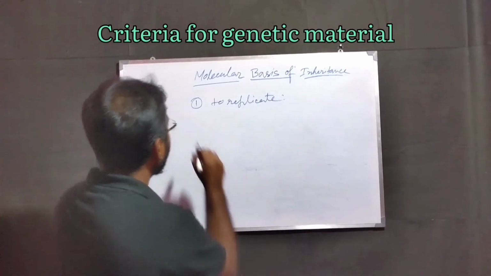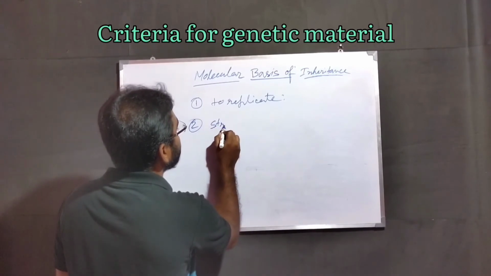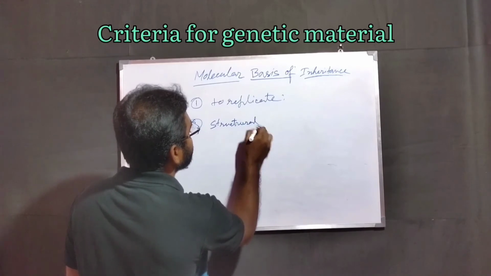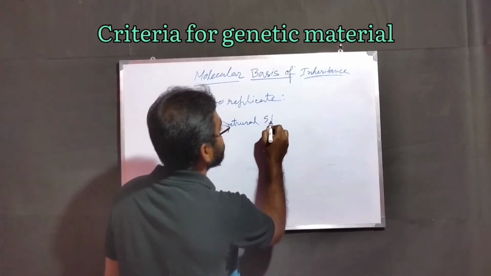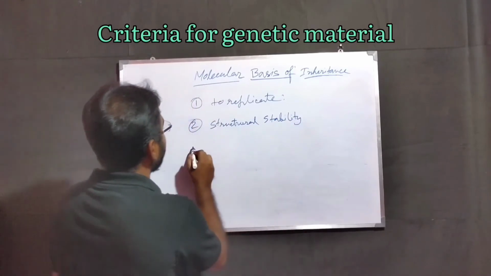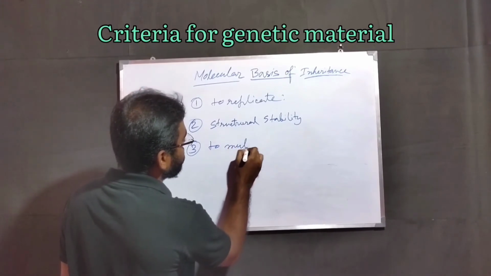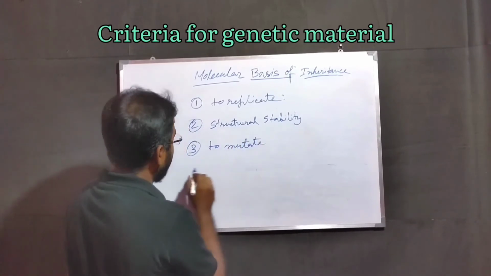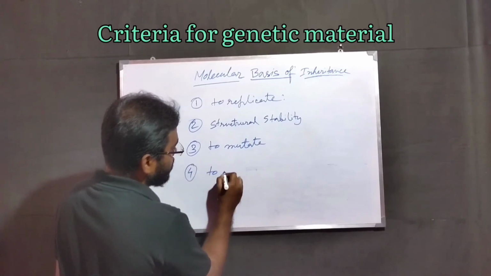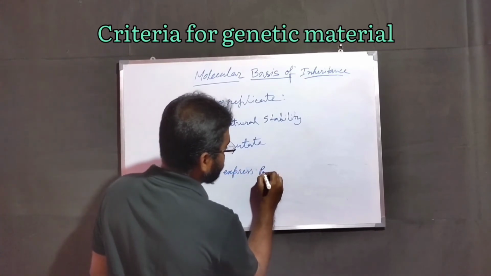Number 2, structural stability. Number 3, ability to mutate. And number 4, ability to express proteins.